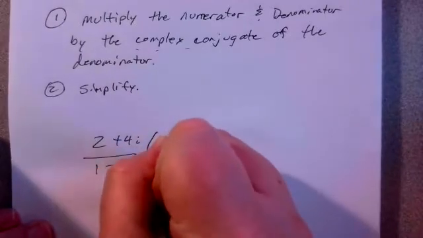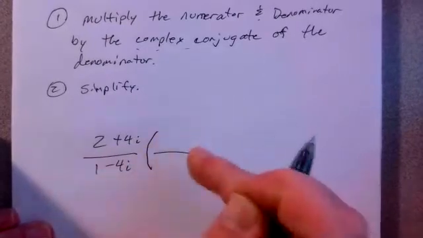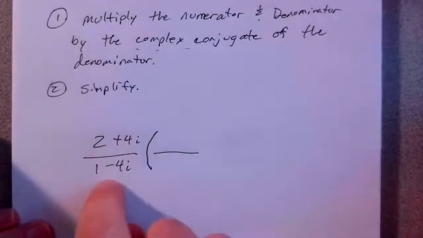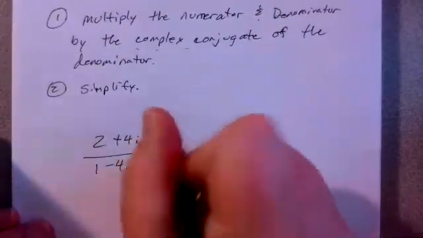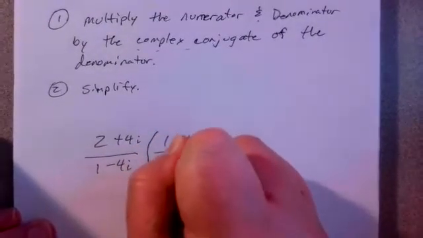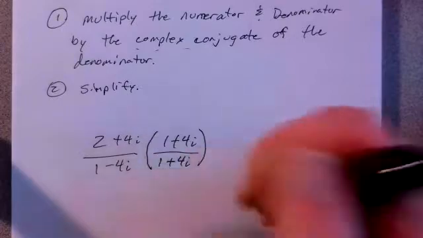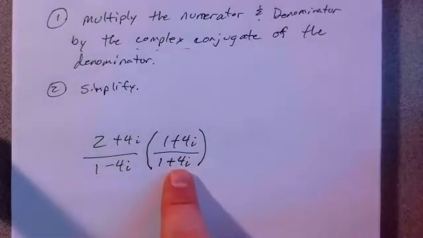Here I'm going to multiply both the numerator and the denominator by the complex conjugate of the denominator. So it's going to be 1 plus 4i over 1 plus 4i.